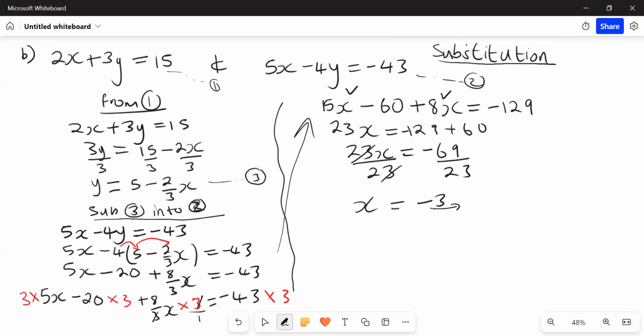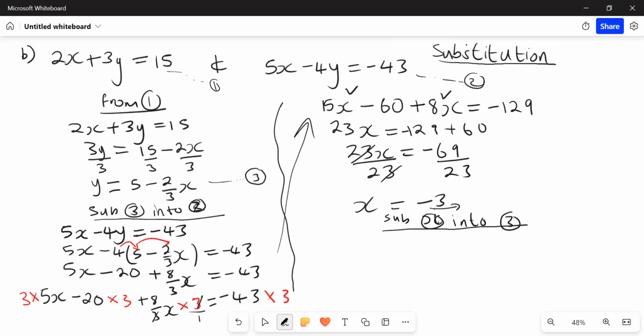Now we need to substitute x into equation 3.